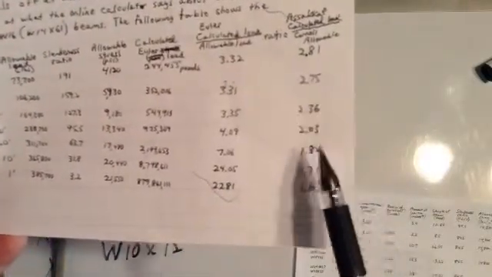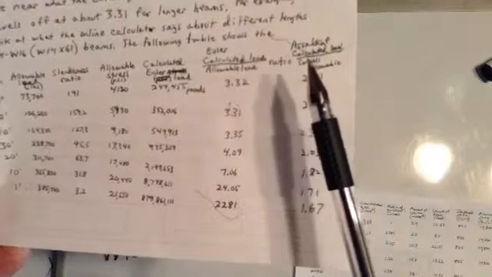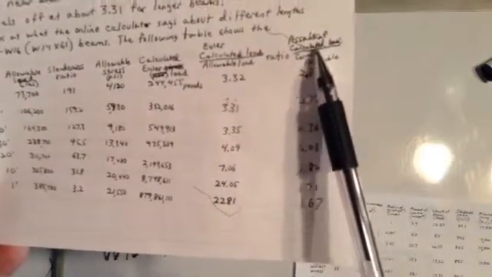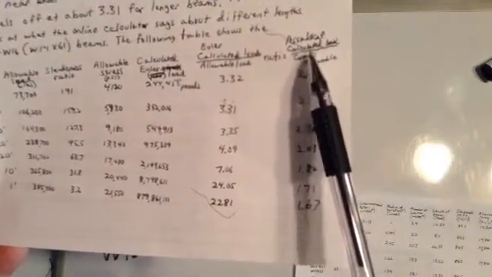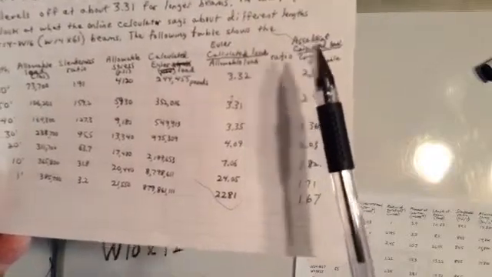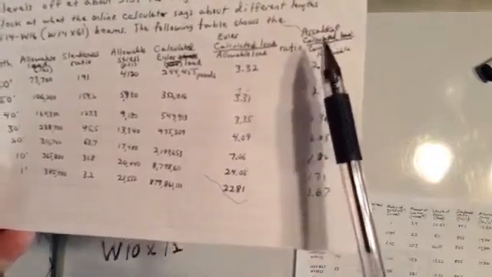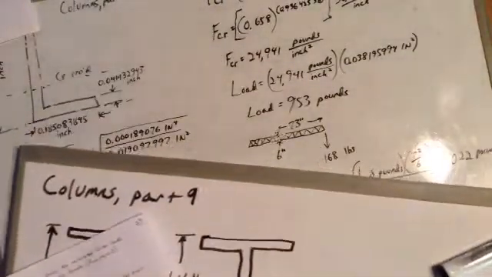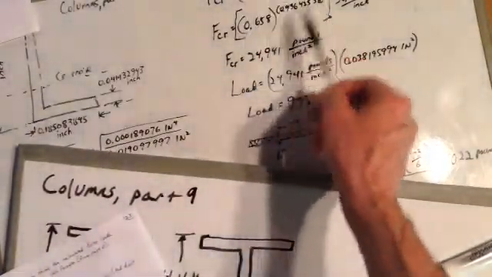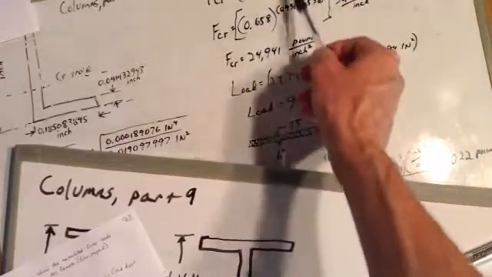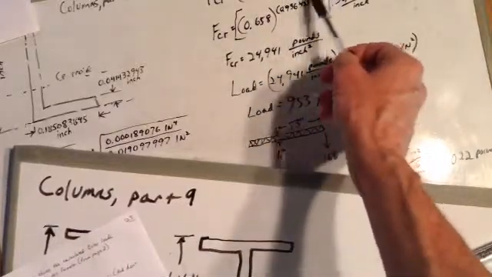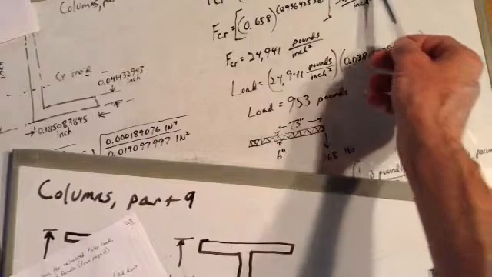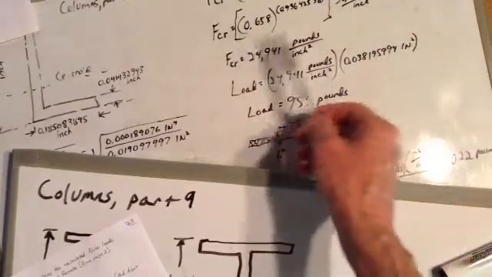Now here's another column. This is using the formula from the asicaf.com website. We looked at it in an earlier lesson. Let's see if I move this, you can see it there. Remember that formula, 0.658 to the lambda squared times the yield stress if lambda is less than 1.5.